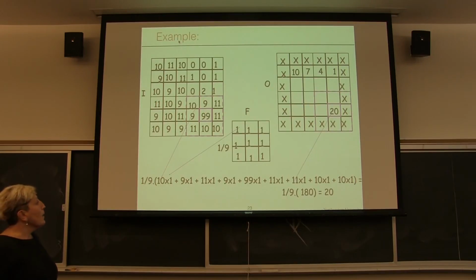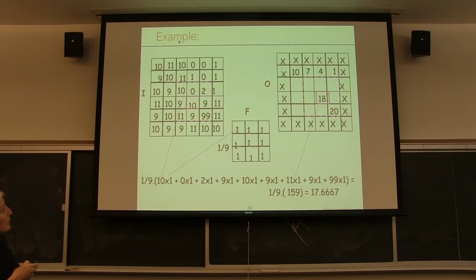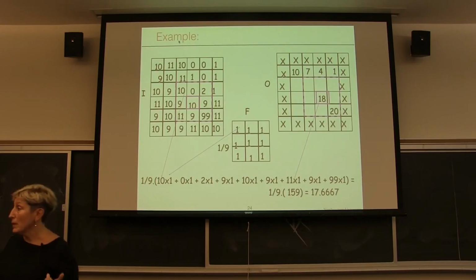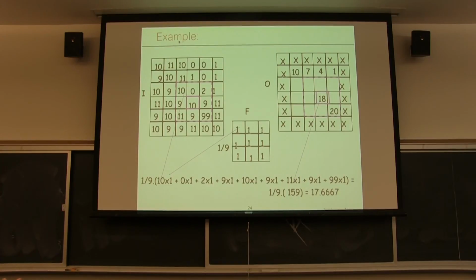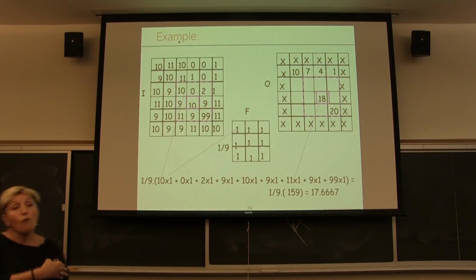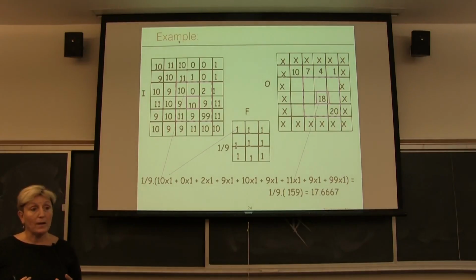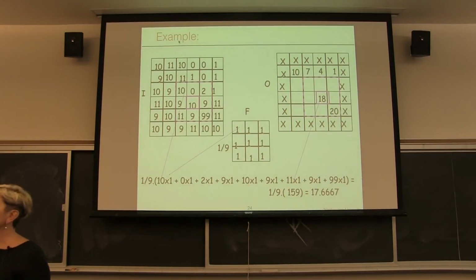Okay? Now, one problem that averaging has is that this guy over here, which was perfect, right? It was 10. It was the number I wanted. When I did the weighted average on that, the mask had a 99 underneath it. And so now that 99 is spilling over to the neighbor, right? Because it's contaminating my average and my neighbors.